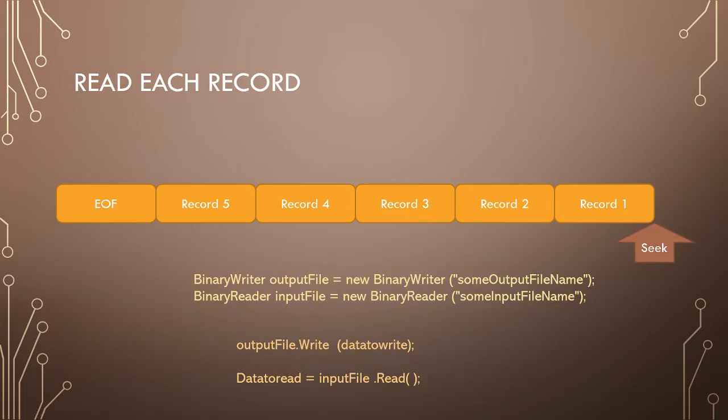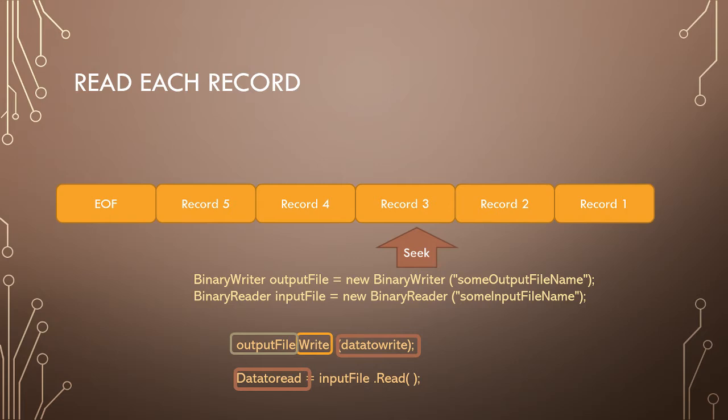Now again, when we're working with our BinaryWriter and reader, our syntax is similar. We would use the instance name, followed by a period and the method name, and then the variable that contains the data to write to the output file.